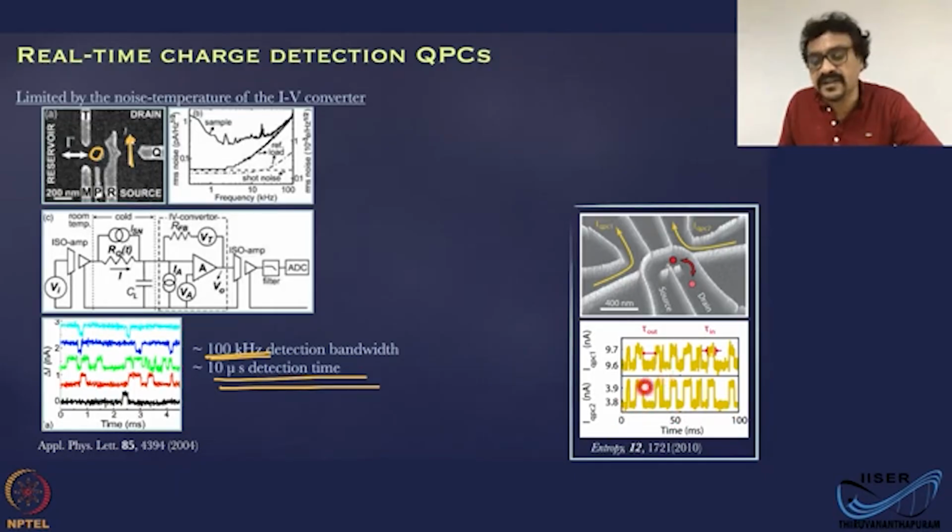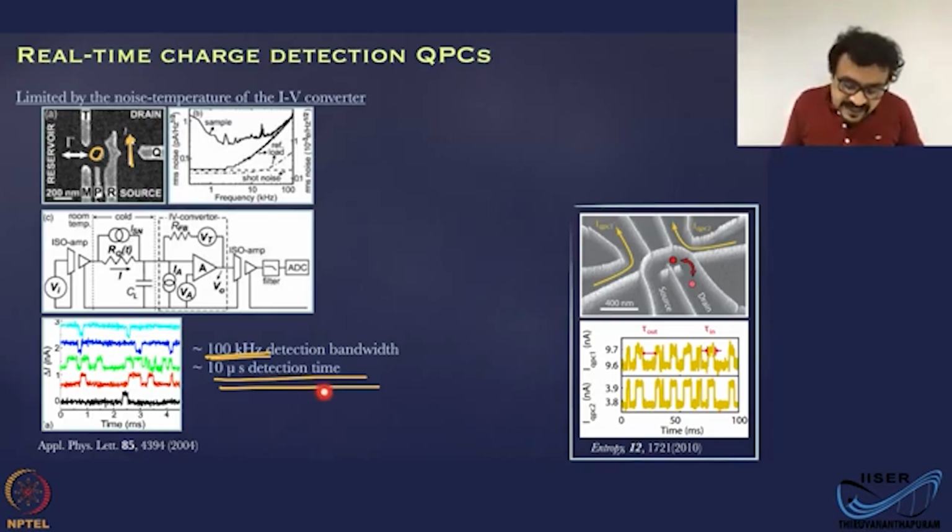That is what these people have gotten for detection time, where they have a quantum dot, an electron can tunnel in or out, and they have two detection channels, two quantum point contact channels. They have plotted the simultaneous response of both channels, and both channels are registering the same events, the same tunneling events of electrons, which they are observing simultaneously. But again, the time scale is really slow.